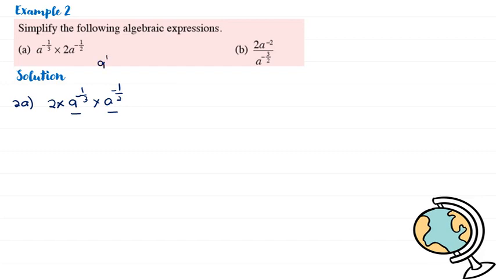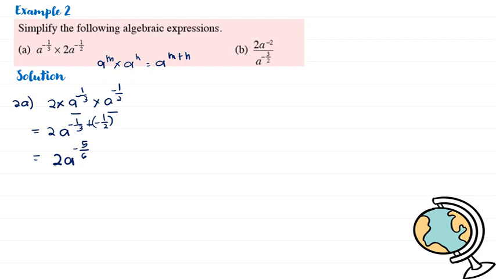So a power of m multiplied with a power of n becomes a power of m plus n. So this one it becomes 2a power of negative 1 over 3 plus negative 1 over 2. So you just press calculator, negative 1 over 3 plus negative 1 over 2, it becomes 2a power of negative 5 over 6.